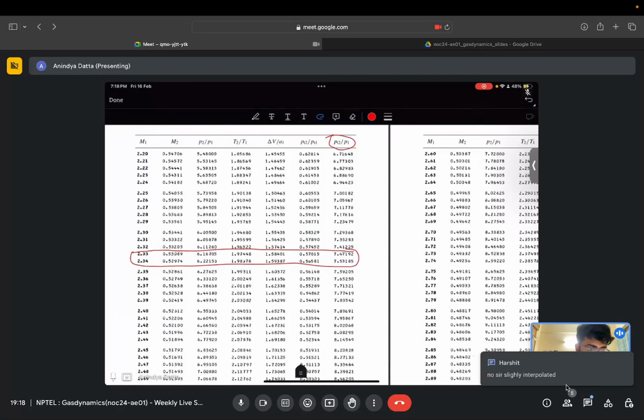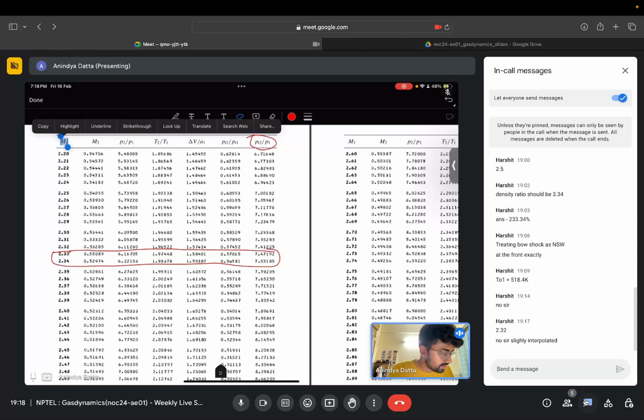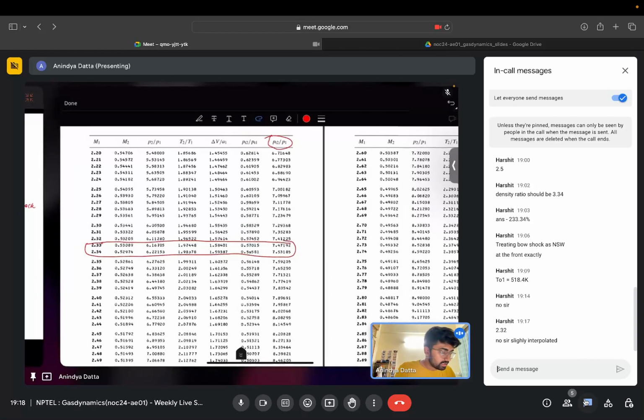We are getting 7.5, right? So if you interpolate, you should get the value between 2.33 and 2.34, because you see the 7.5 occurs between 2.33 and 2.34. Just do the interpolation correctly.